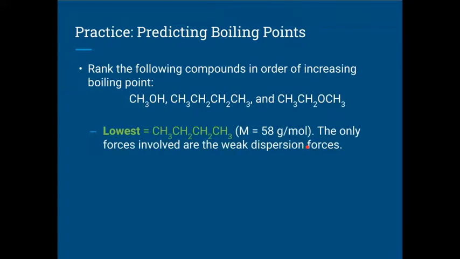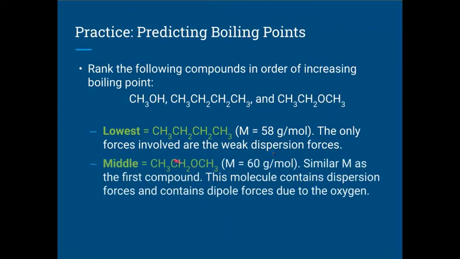So the lowest one is going to be the one that just has this carbon chain because this is all non-polar. The only forces involved are the weak dispersion forces. Then the next one is going to be this one where you have the carbon bound to the oxygen, bound to the carbon. So it has a similar molar mass, but it also contains dispersion and dipole-dipole forces because of that oxygen.